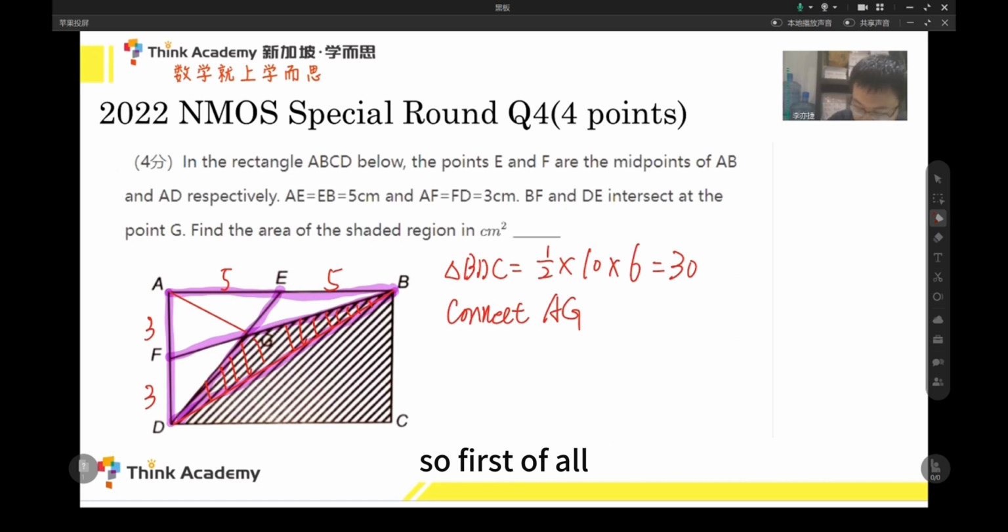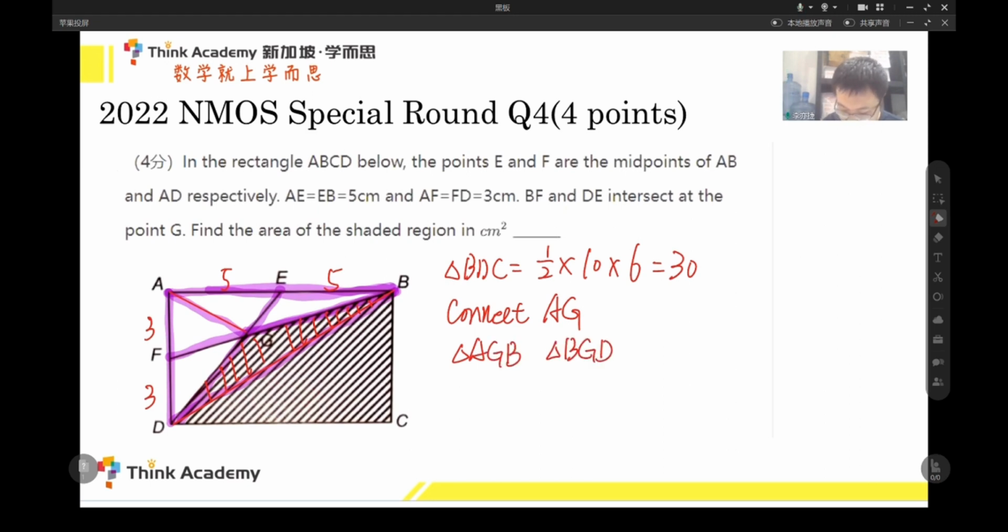First of all, let's see what we know. For AGB and BGD, the ratio of the area is AF to FD, which is 1 to 1, right?